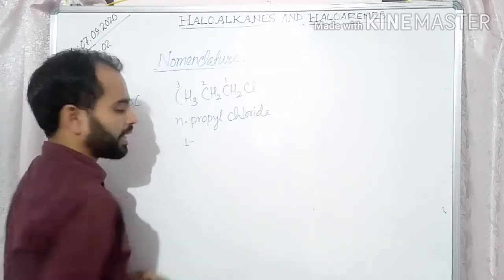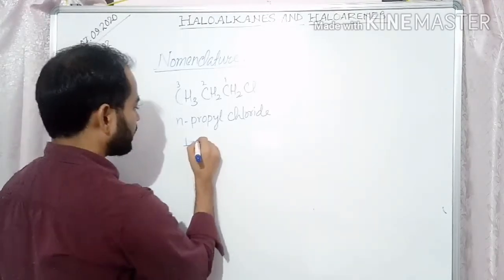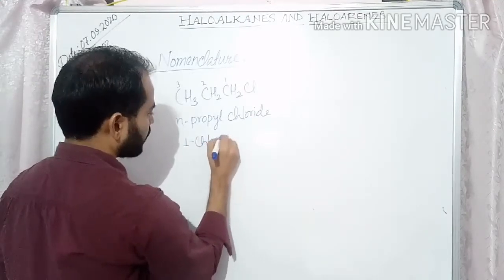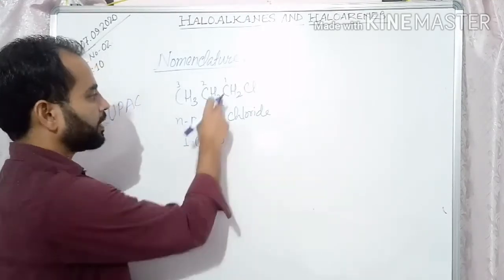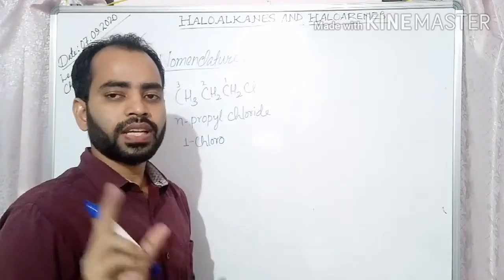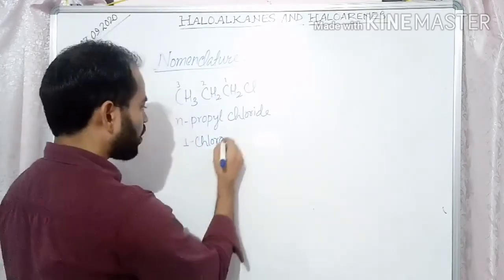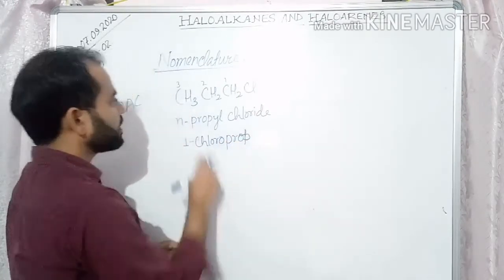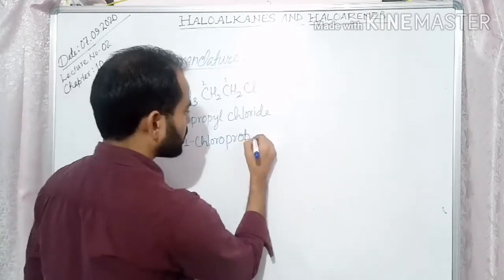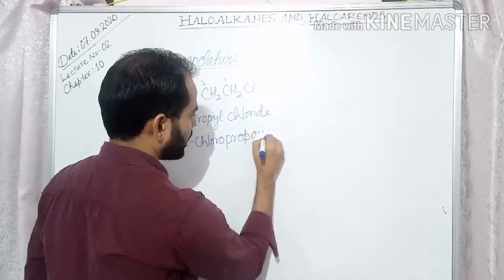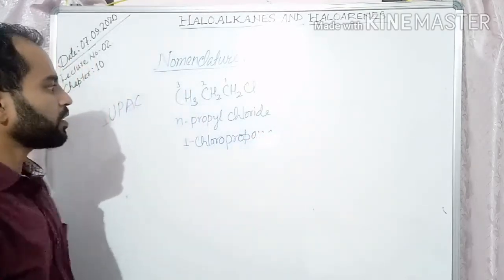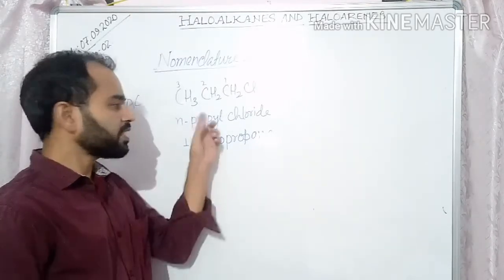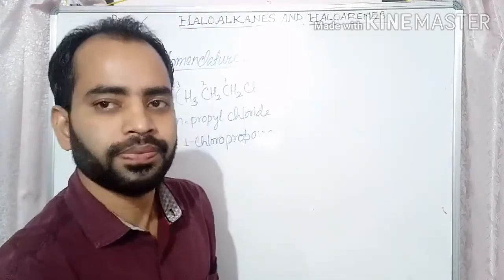Then we put a hyphen. Which group is there? Chloro group. So 1-chloro. Next, how many carbons? 3 carbons, so for 3 carbons we write prop. And since it is an alkane, we use the letters ANE. So 1-chloropropane is the IUPAC name of this molecule.